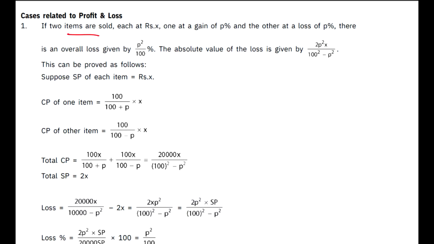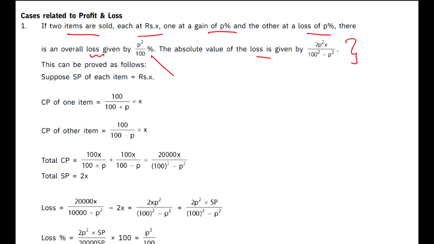If two items are sold each at X rupees and one gains P% and another loses P%, then the overall loss, ध्यान रहे, overall loss will always be P square by 100%. And the absolute value of the loss, if someone asks you, not the percentage, but the absolute value, then that goes by the formula of 2 times P square X by 100 square minus P square.